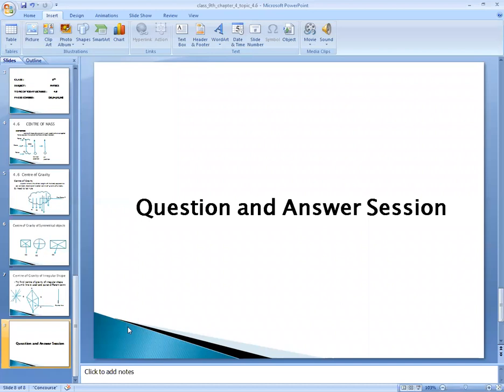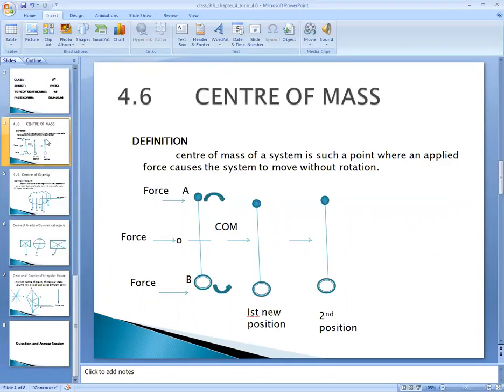Before I take the question and answer session, I will give you the homework for today's lecture. The homework is this: you need to memorize the definition, like the definition of center of mass I gave you. You need to write this down and memorize it.